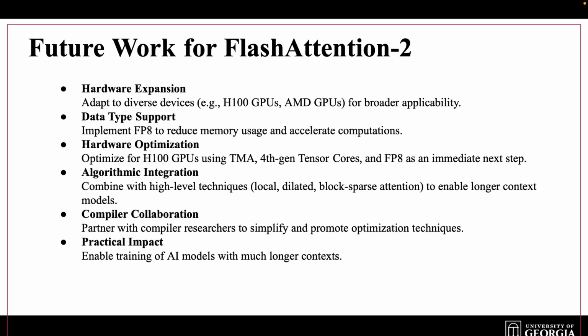Looking ahead, the researchers plan to expand FlashAttention 2 to H100 and AMD GPUs, support FP8 for lower memory use, optimize for H100 features like TMA and fourth-generation tensor cores, integrate with advanced attention techniques, collaborate with compiler researchers, and finally enable faster training of longer context models at lower costs.